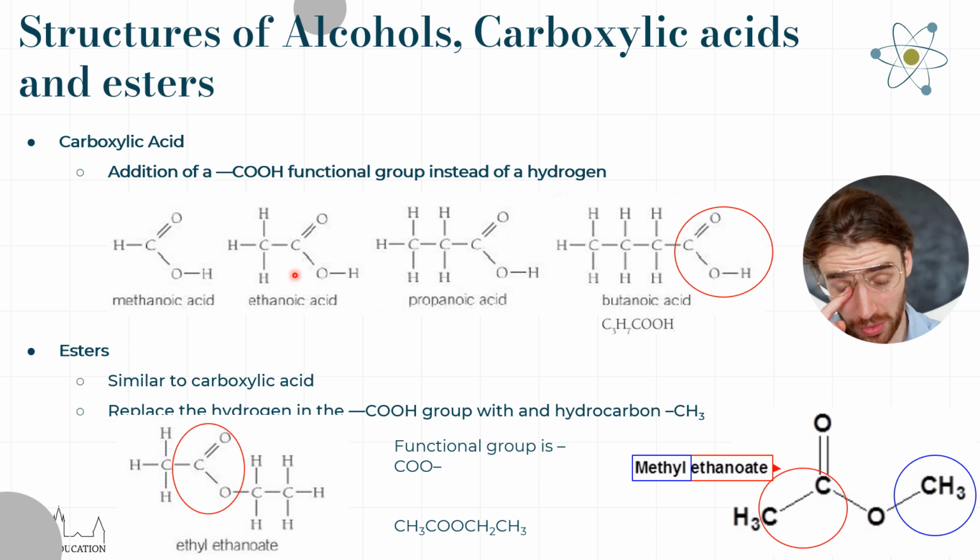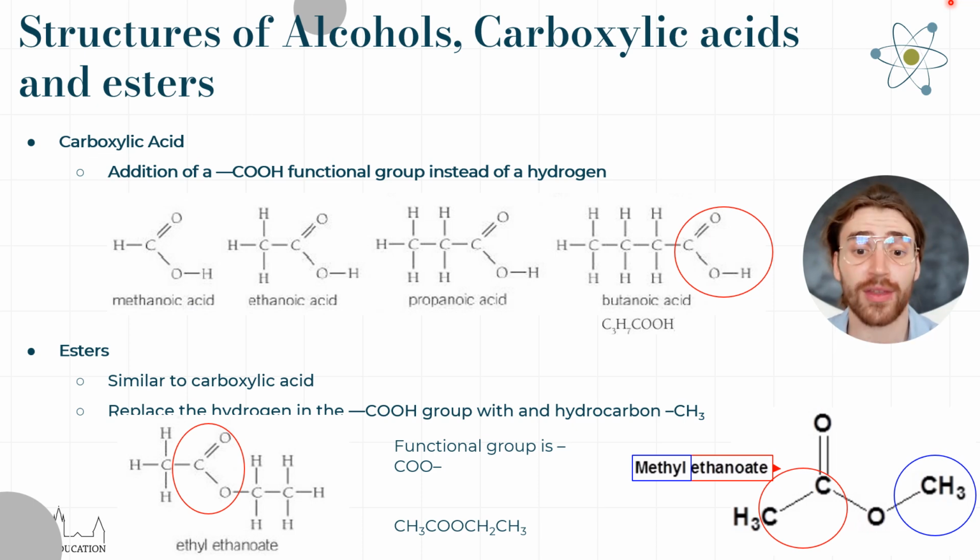That goes all the way up depending on how many carbons are in the molecule, up to butanoic acid with 1, 2, 3, 4 carbons and a COOH functional group. So the homologous series is carboxylic acids while the functional group is COOH.